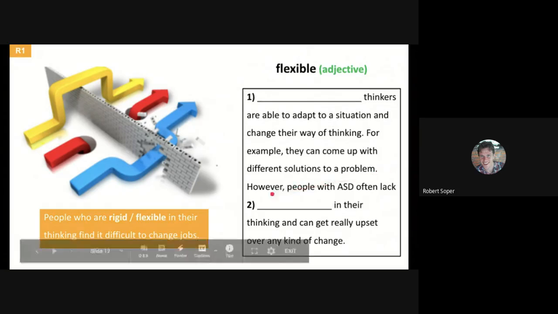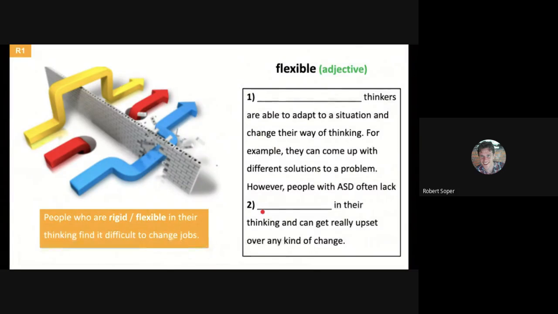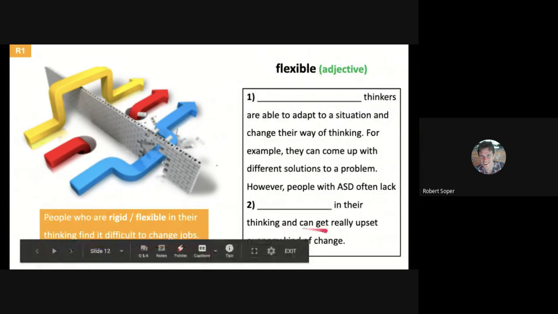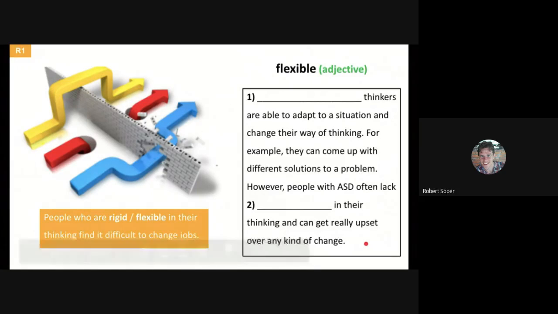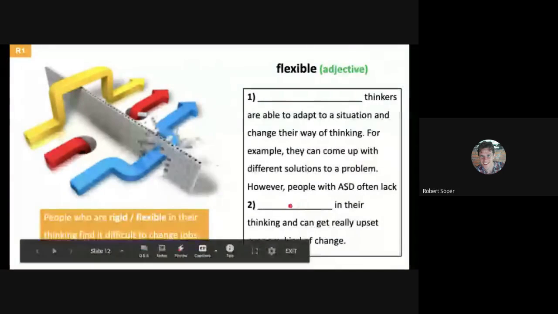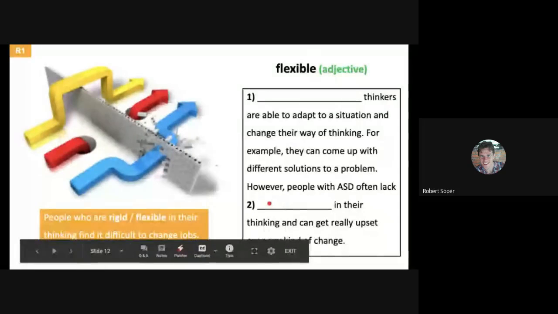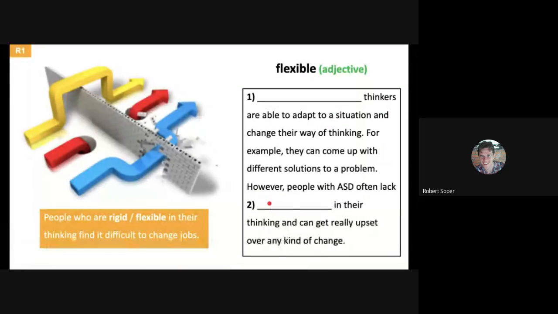Over at number two, however, people with ASD often lack flexibility, flexibility in their thinking and can get really upset over any kind of change. So what we were looking for in this space is the noun form of flexible, which is flexibility.